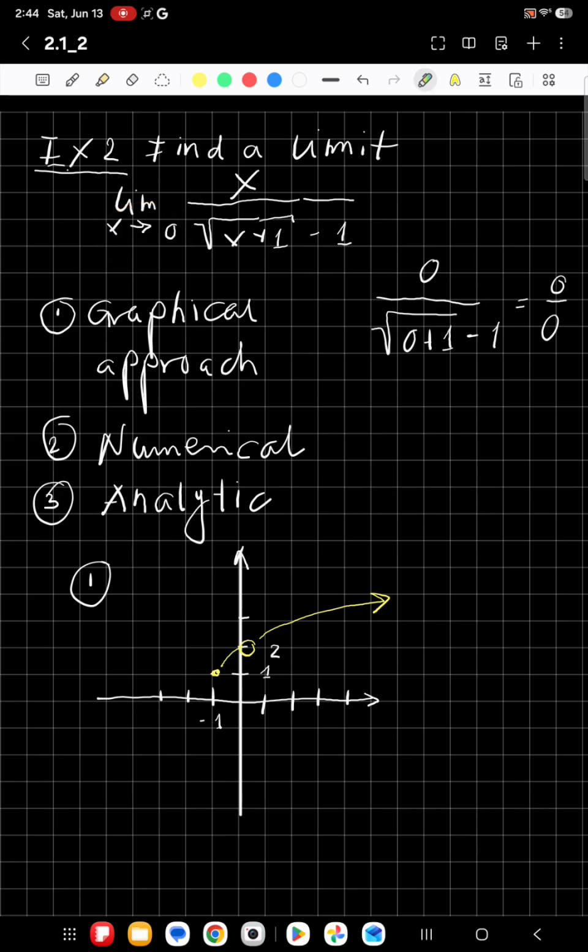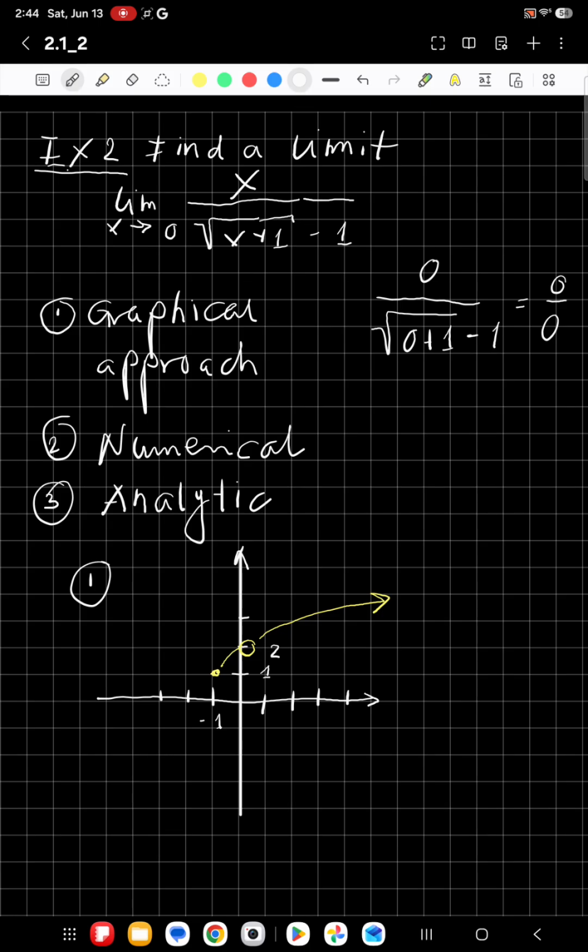So x approaches 0 from 2 sides, from the right, the x's are getting closer and closer to 0, and from the left. The closer the x's are to 0, the closer the y is to 2. The limit is getting closer to 2. That's our conclusion.